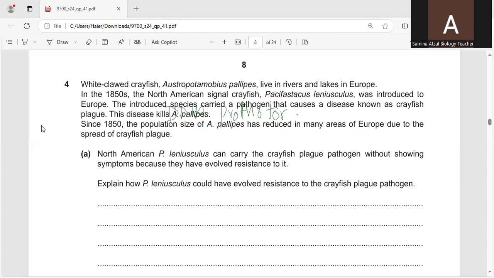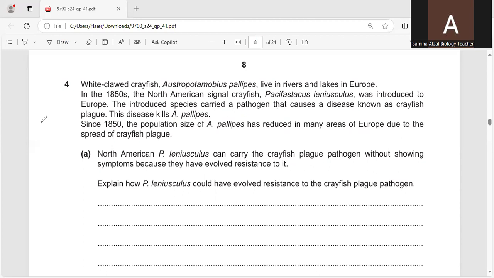Question number 4 is, white-clawed crayfish, Austropotamobius pallipes, live in rivers and lakes in Europe. In 1850, the North American signal crayfish Pacifastacus leniusculus was introduced to Europe. The introduced species carried a pathogen that causes a disease known as crayfish plague.